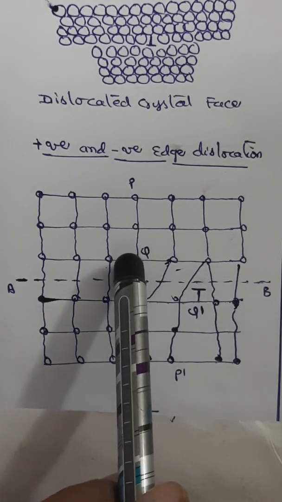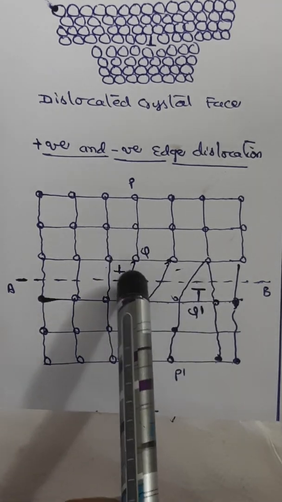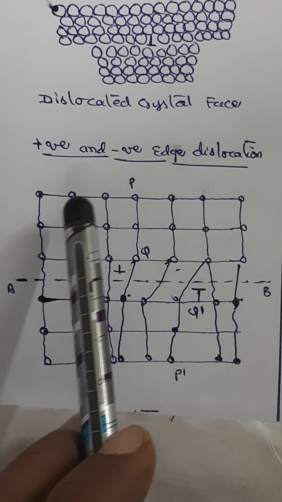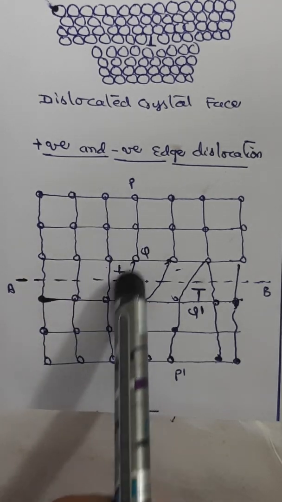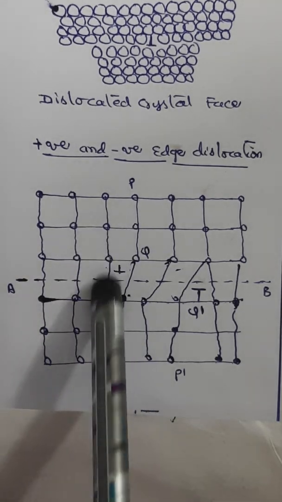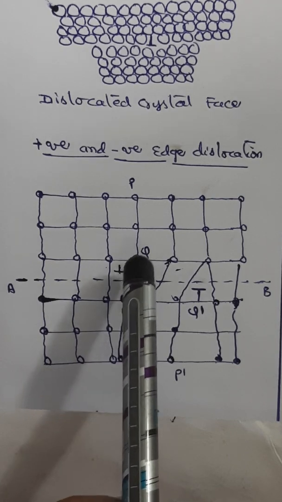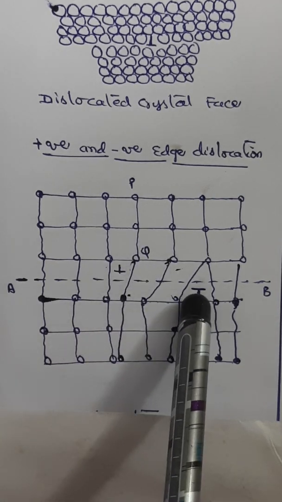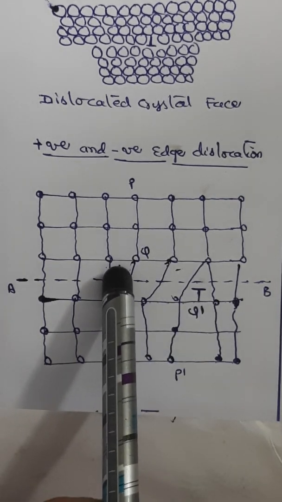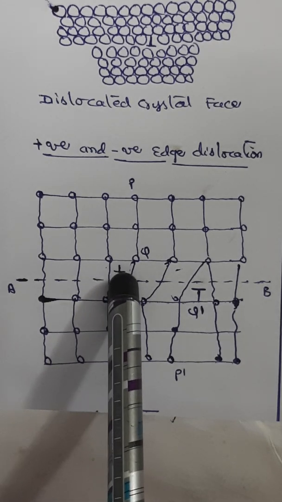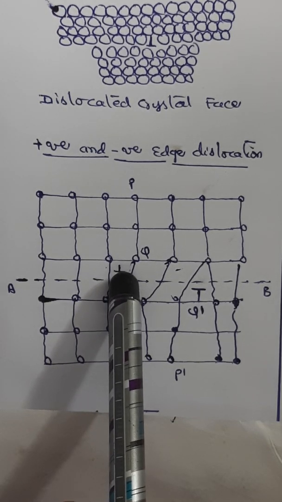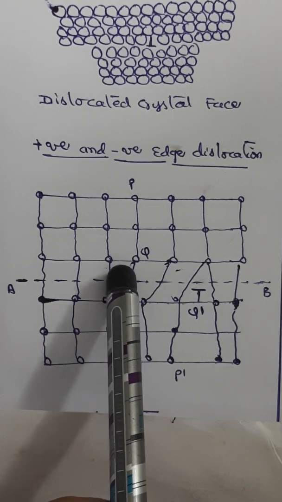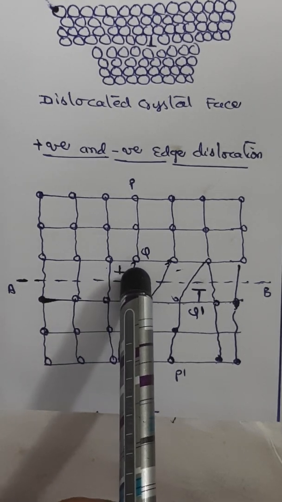Due to mismatching of upper and lower planes, there is a discontinuity at the edge of the vertical plane PQ, causing edge dislocation. So this perpendicular symbol shows the edge dislocation.